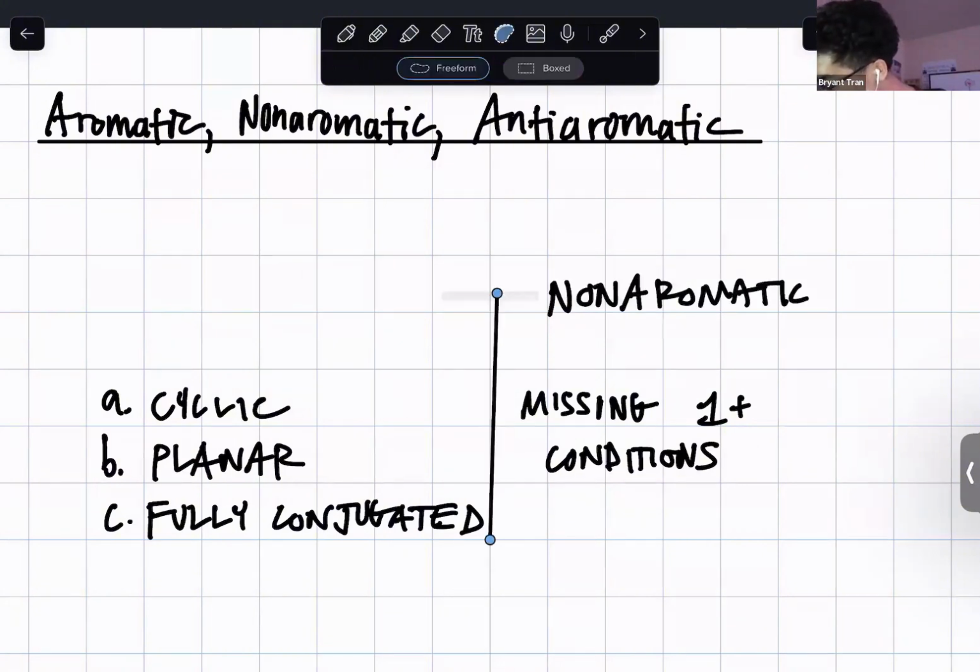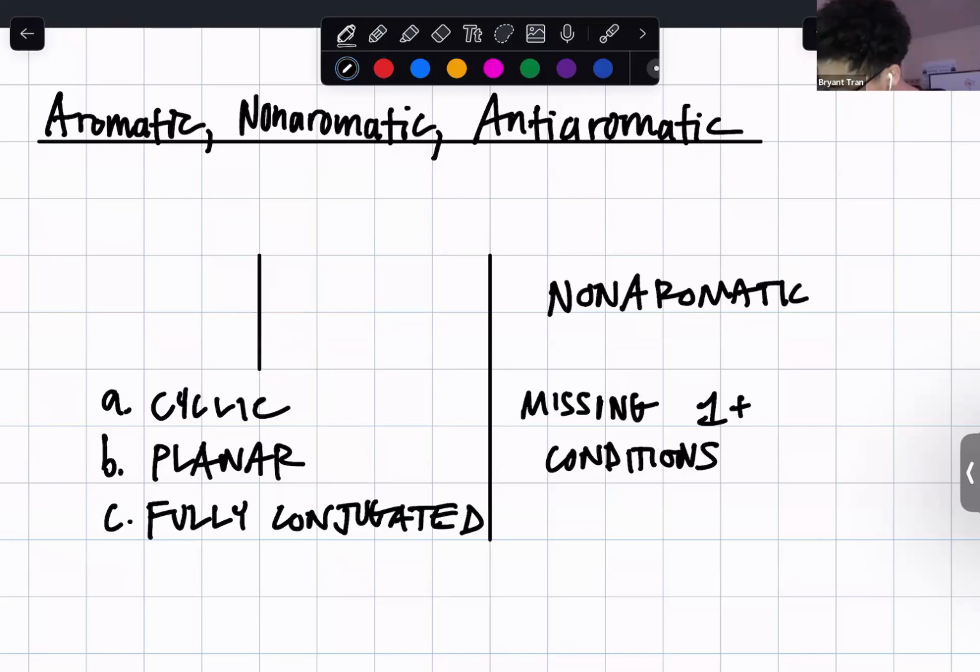Now, if the molecule has all three conditions, it could either be aromatic or it could be anti-aromatic.